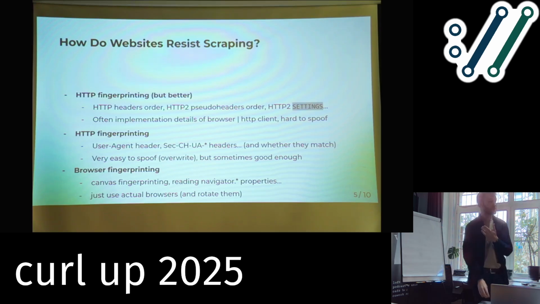These are a bit harder to spoof than the previous group, because the HTTP header order is not standardized. Even if you pass custom headers, libraries can decide to order them as they like, because it shouldn't matter.